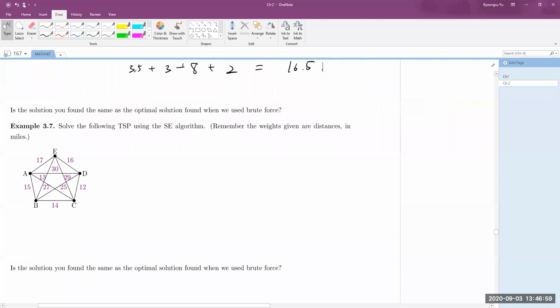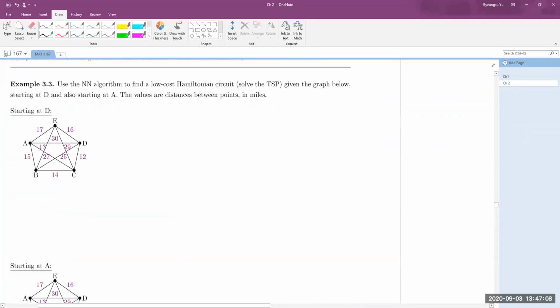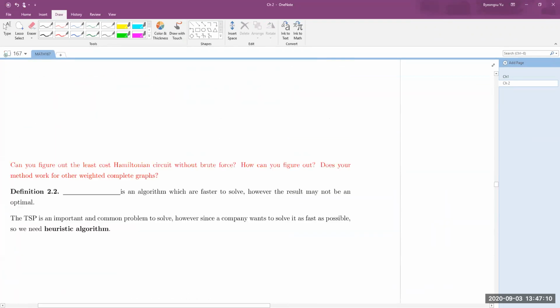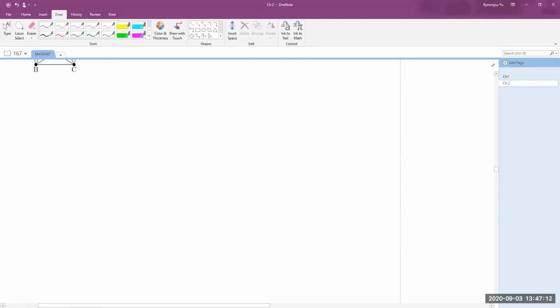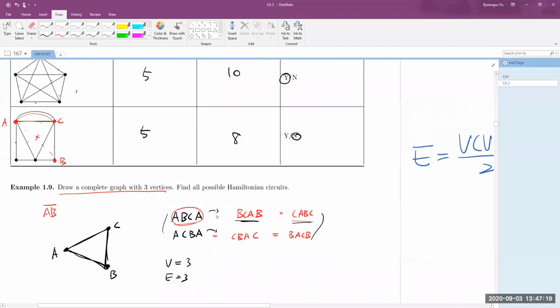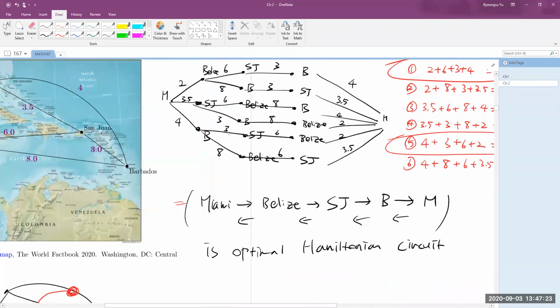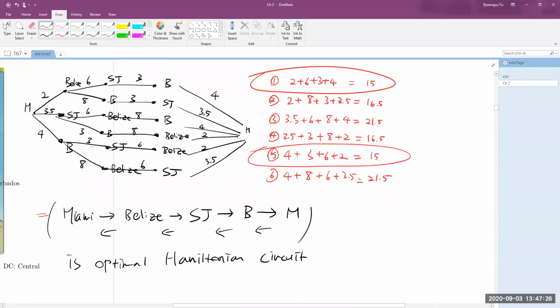In the previous chapters, we already showed that 15 hours is the optimal solution for this passage, right?